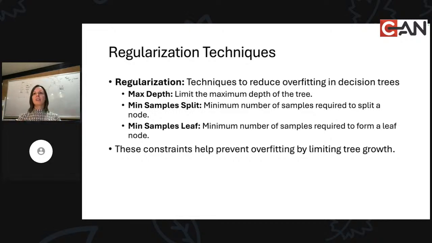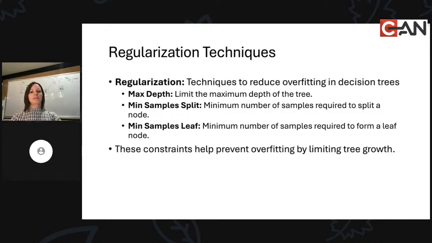You can say, hey, you have to have 10 samples in order to make a split, and not only that, but you have to have at least 3 samples at a leaf in order to make a decision. That does away with that weird one-off scenario that we were talking about, min samples at leaf.